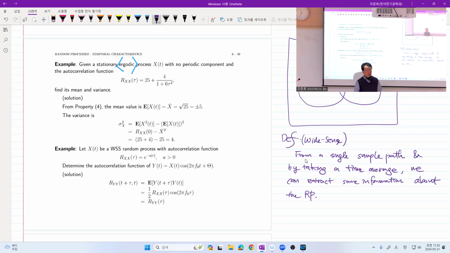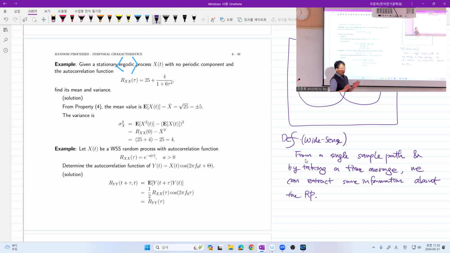In what kind of random process does it make sense to take the ensemble average of the sample paths to compute the mean path, to compute the autocorrelation function? You may object to the idea of computing the expectation because, precisely speaking, according to the math, according to your model, you can observe only a single realization. So the ensemble average, which means the statistical average, doesn't make sense.